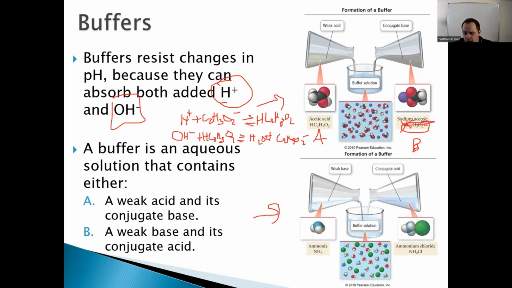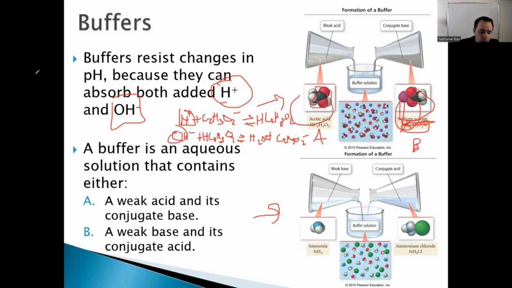We'll make more of that guy. So you can see if I add acid, one component of the buffer reacts, and if I add base, the other component of the buffer reacts. That's how a buffer is able to withstand both added acid and added base.